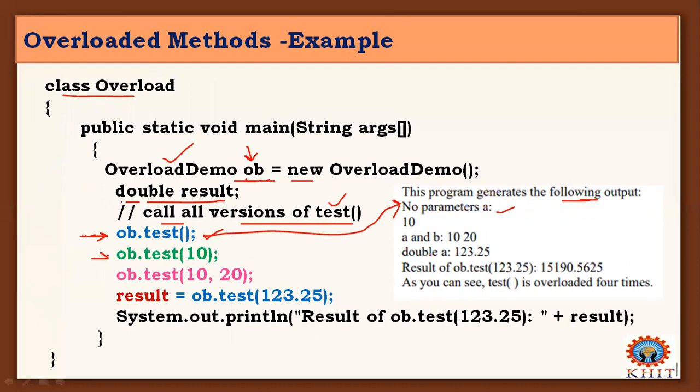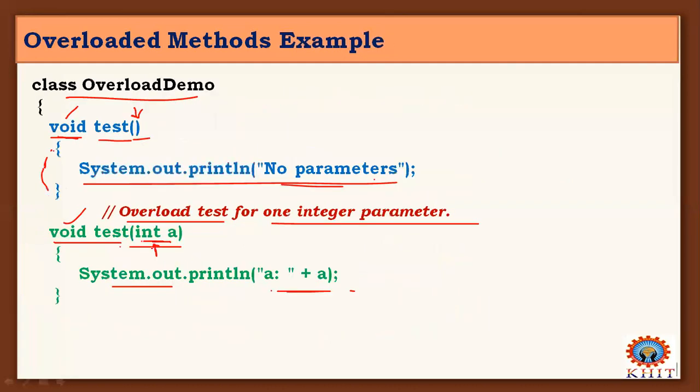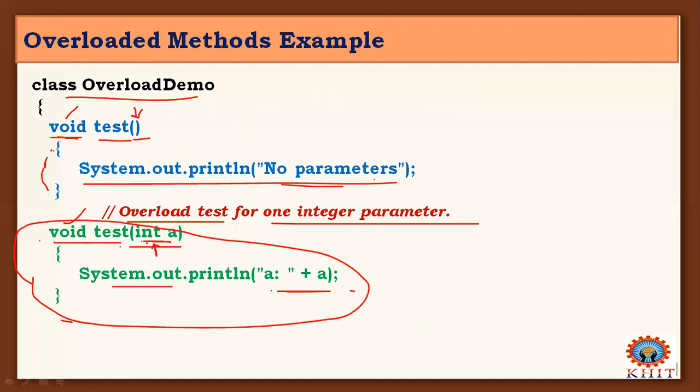Coming to the next method type, test with one integer parameter value. So ob.test of 10. What is this method doing here, the green color indication? It takes one parameter when it is called, and it simply displays that value received by this test method.